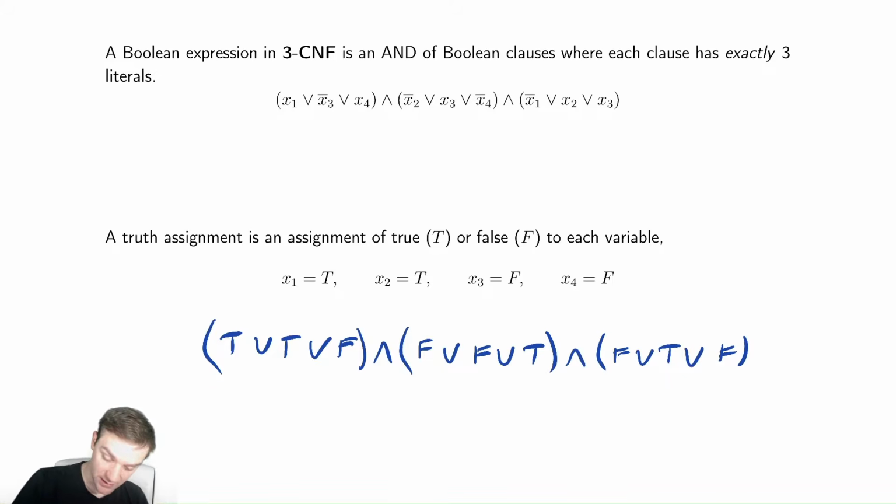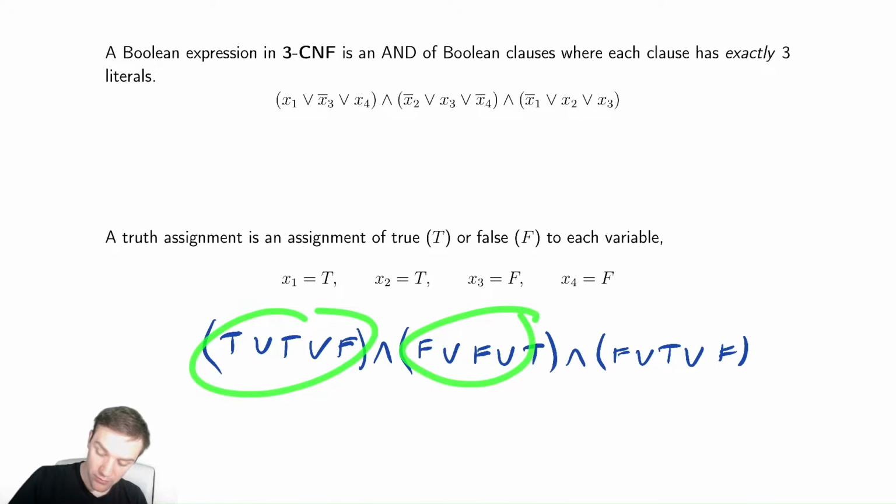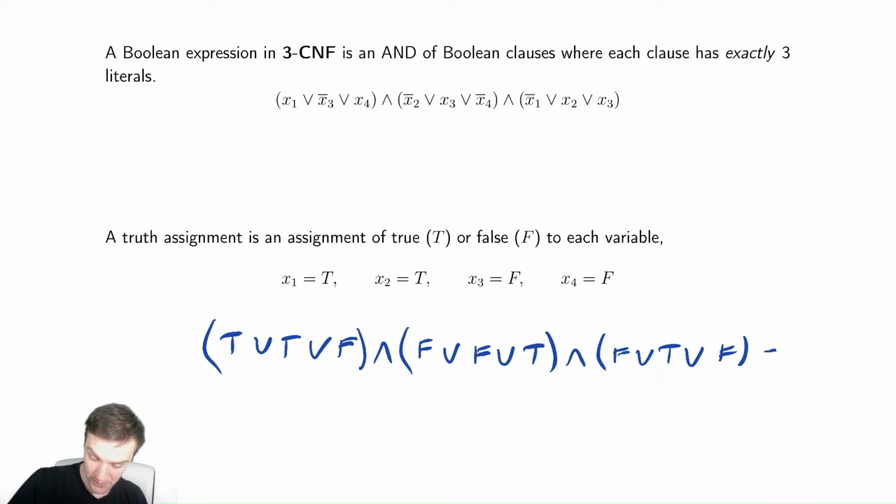Well, this is going to be true, and true, and true, so this is equal to true. So this truth assignment satisfies this Boolean expression in 3CNF. Which now you sound really fancy for just saying, yup, it's true, but these are the words we're going to try to use to be mathematically consistent in our analysis.